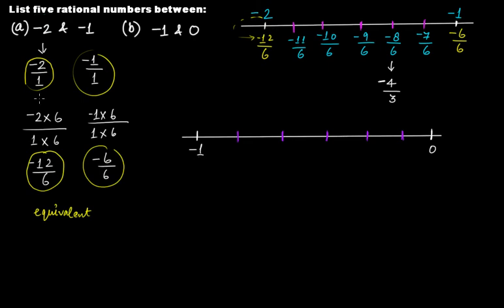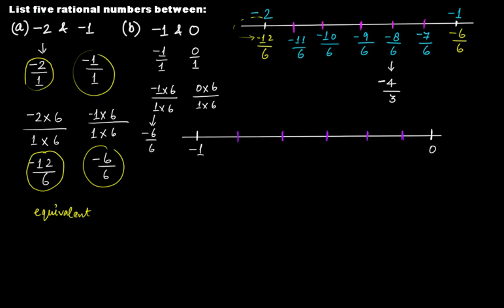Now, same thing what we have done here. This minus 1 can be written in the form of a rational number, that is minus 1 over 1, and this can be written as 0 over 1, because we can divide any number by 1 and we'll get back that number only. Now, same as we have done here, so this is minus 1 over 6 and this is 1 over 6. This becomes 0 times 6 and this becomes 1 times 6. What do we get from this? We get minus 6 over 6.